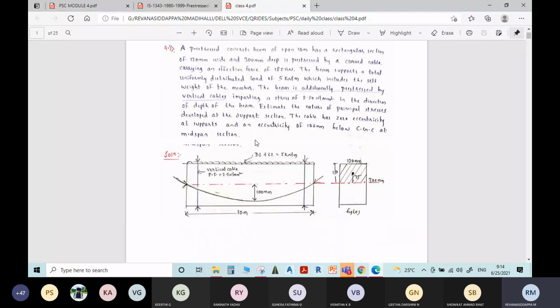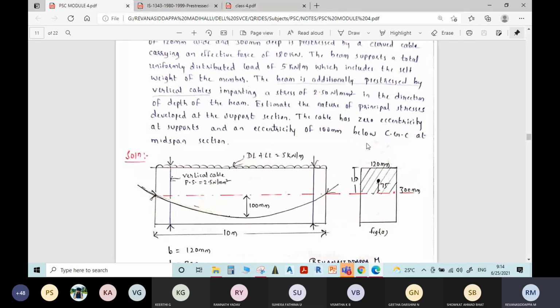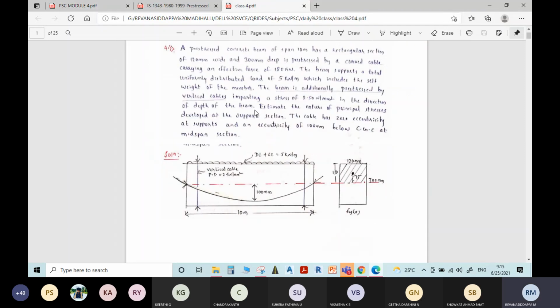Finish the writing. Okay, students, we'll solve the problem.